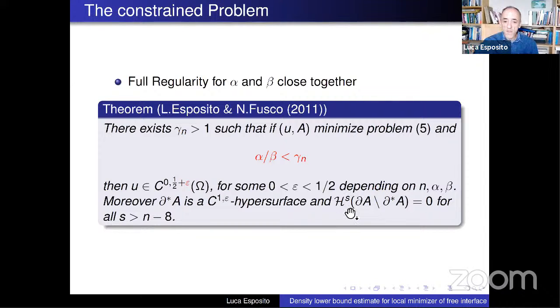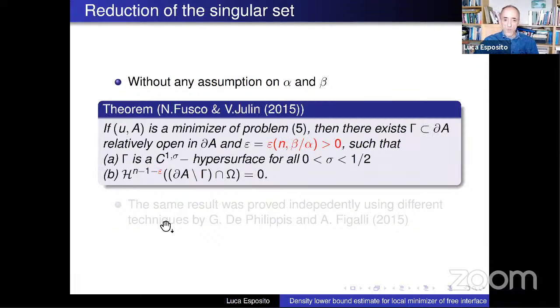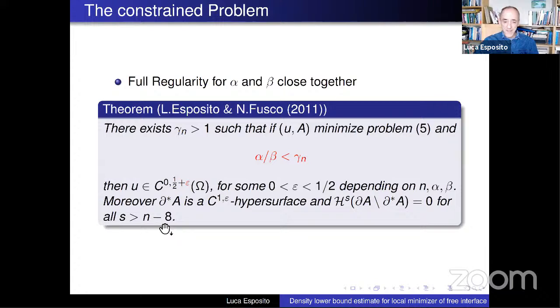And indeed, the measure of the singular part is 0 for all s greater than n-8. And now, sorry, I also want to mention what happens here without any restriction.